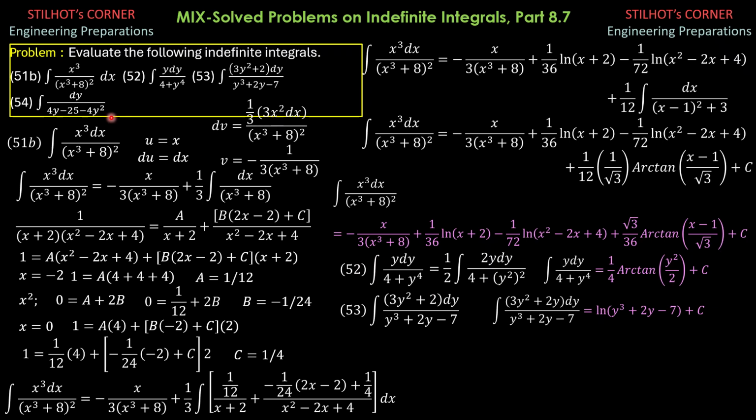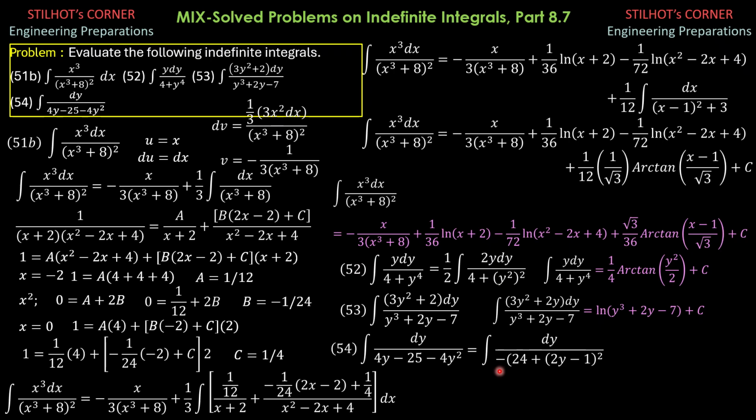Then for the last part, problem 54, we rearrange this. Integral dy over 4y minus 25 minus 4y squared is equal to integral of dy over negative of quantity 24 plus 2y minus 1 squared. So if you check 24, then we have plus 1.